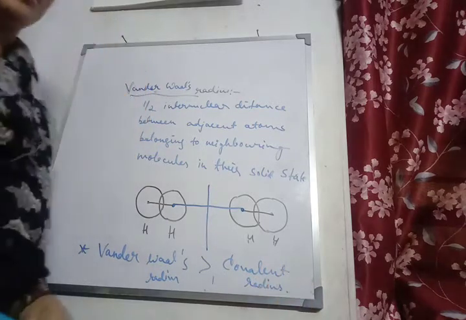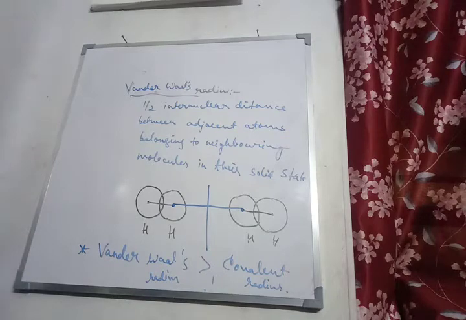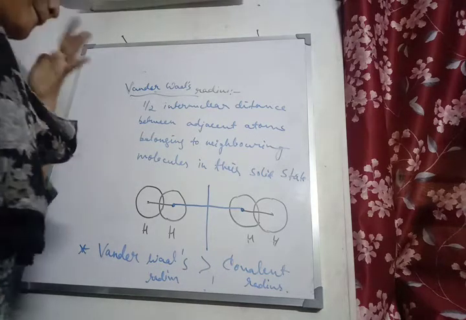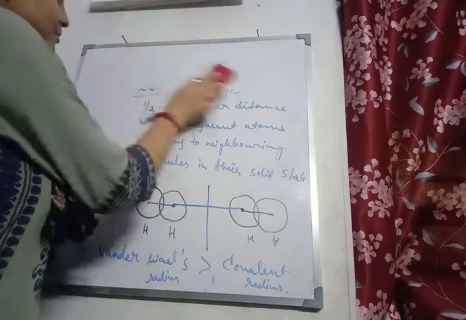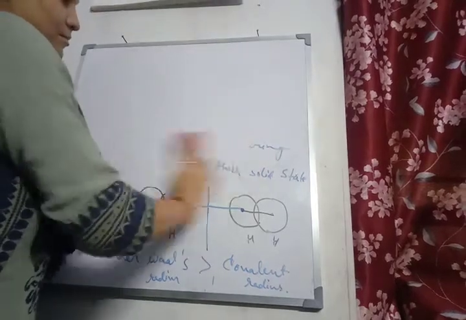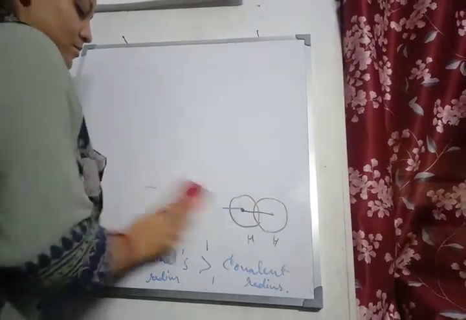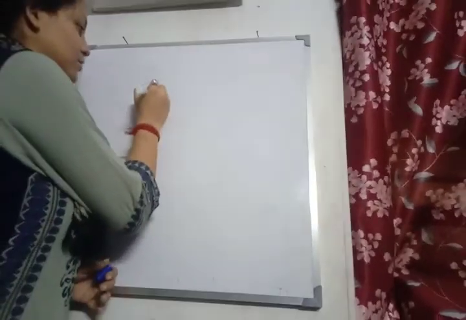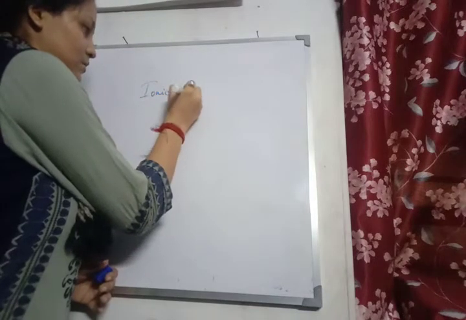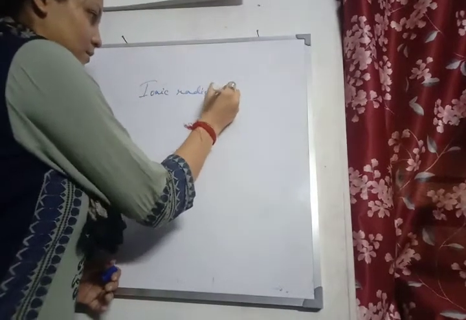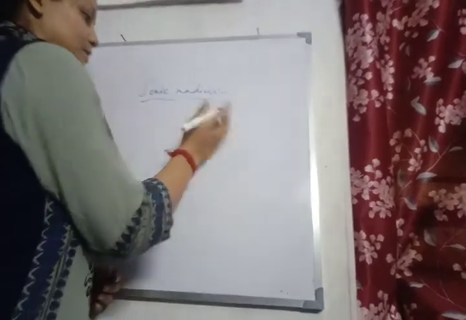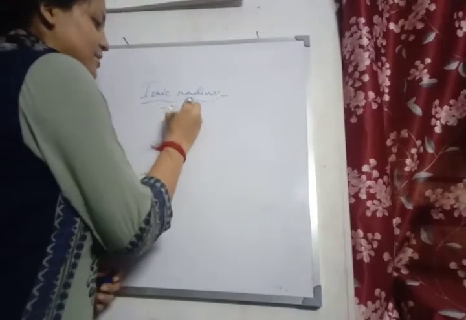Last we come to ionic radius. Here we are not using the word half the internuclear distance.